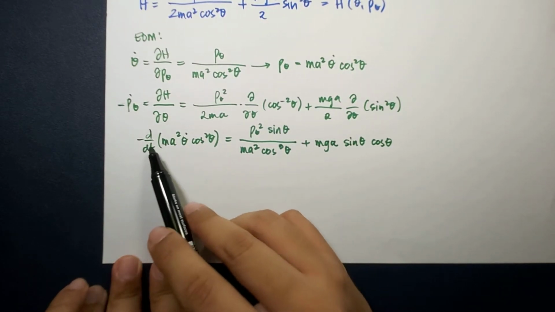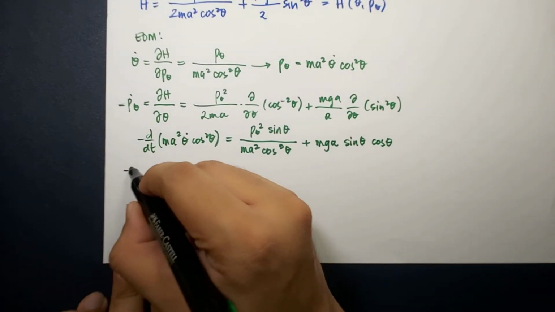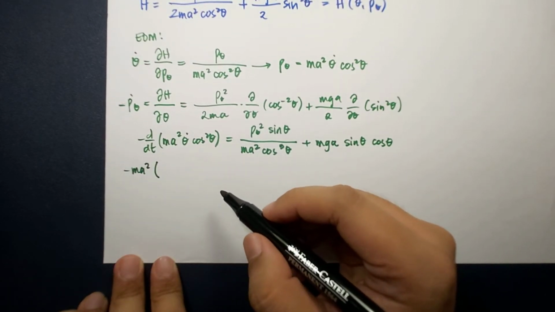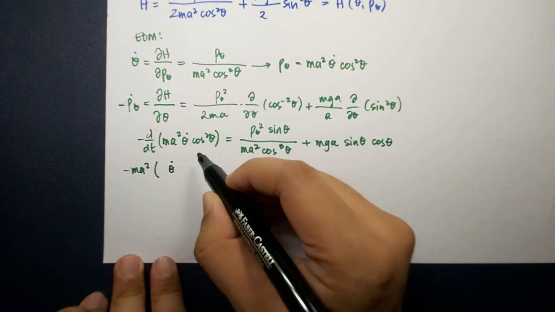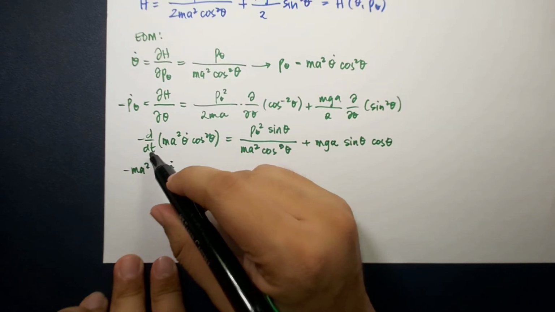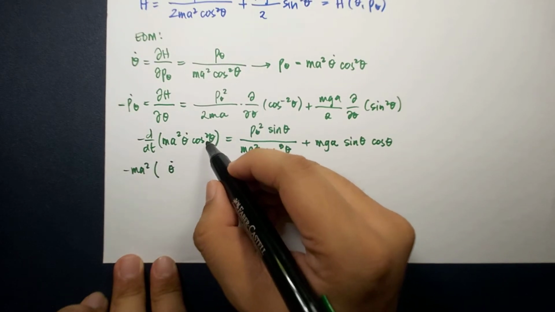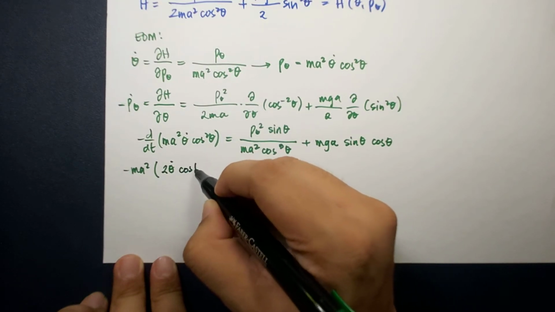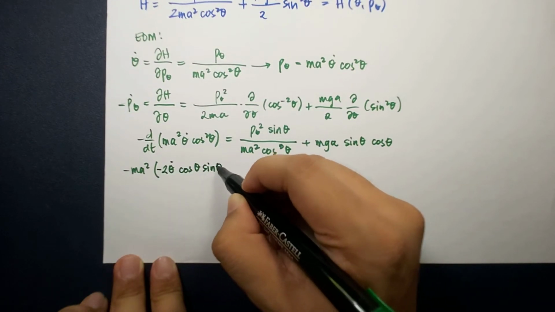So this is ma squared, that's a constant, so this is negative ma squared times: copy the first, so this is theta dot times the derivative of cosine squared theta with respect to time, so this is now 2 cosine theta times the derivative of cosine theta, which is negative sine theta.